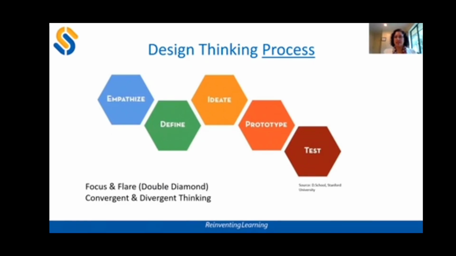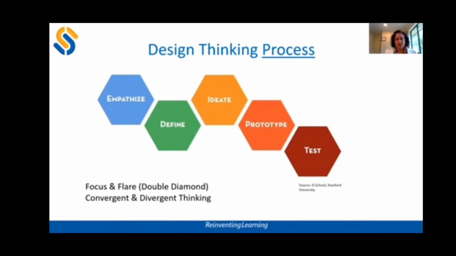We'll stick to this general concept, and you'll understand how each of these stages follow each other and what the activities are within each of these stages as well. It's also sometimes referred to as the double diamond, because when you're working through the process, you tend to focus and you also flare out.